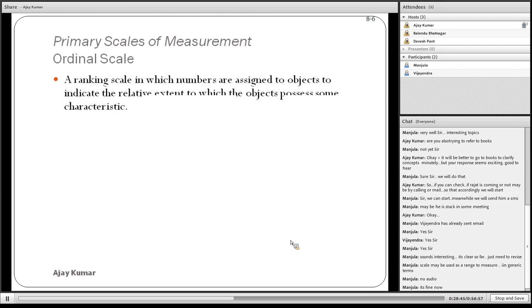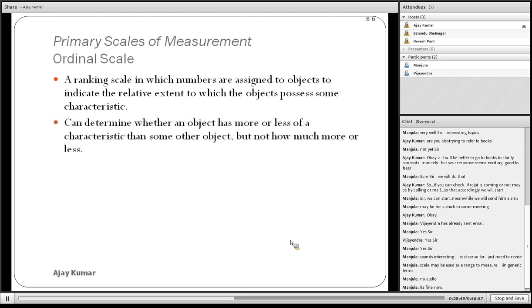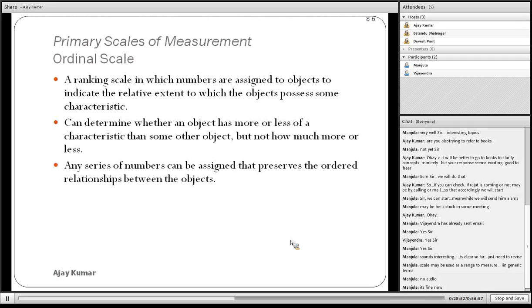Now coming on to ordinal scale. Ordinal scale is a ranking scale where we do give ranks, and when we talk of ranks, it becomes quite obvious that we will talk of order. So the first job that one does whenever going to apply an ordinal scale would be to arrange, right?